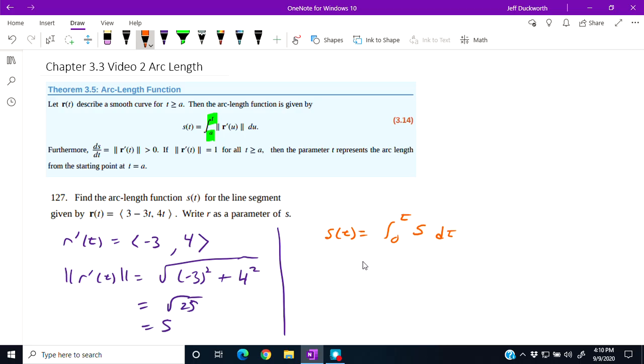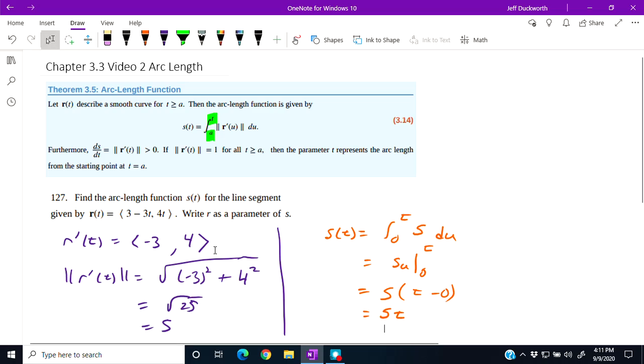Well, the integral of 5 is just, I guess it's not dt. We should probably make something else and just make du. So we'll get 5u evaluated from 0 to t. And we plug in the t and the 0. So this equals 5 times the quantity t minus 0, which is just 5t.